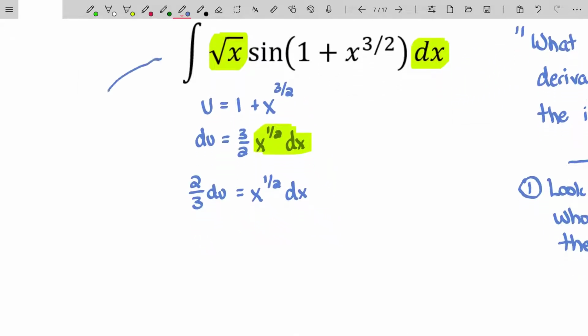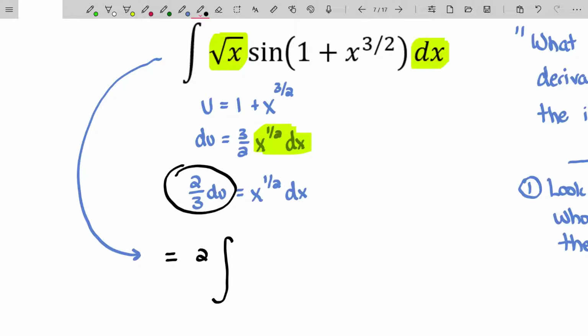Now I'm going to grab this integral and I'm going to say it is equal to the integral of, remember the highlighted root x dx is going to be stolen away for a 2/3 du. And then the only thing we have left is a sine of 1 plus x to the 3 halves. However, 1 plus x to the 3 halves, that's u.